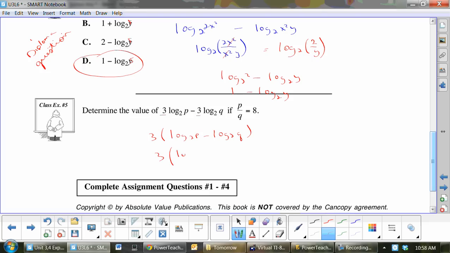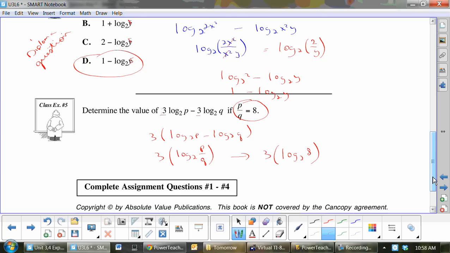I'll try and focus here. Do you see how I got the log 2? That's P divided by Q. So if that's P over Q, now, oh, P over Q equals 8. So that's going to turn into 3 log 2 of 8. Now, what is log 2 of 8?